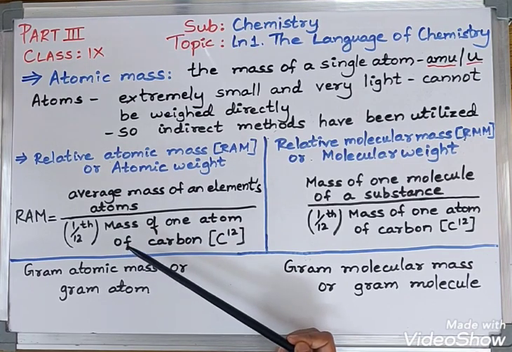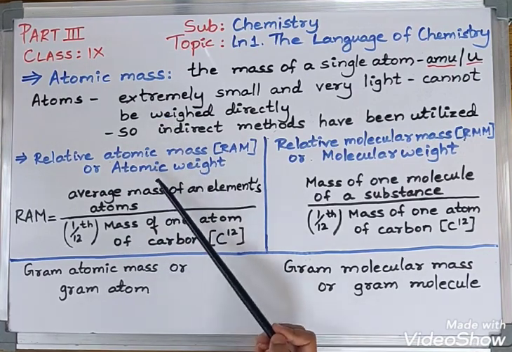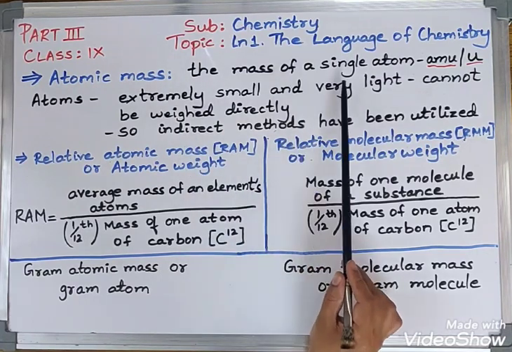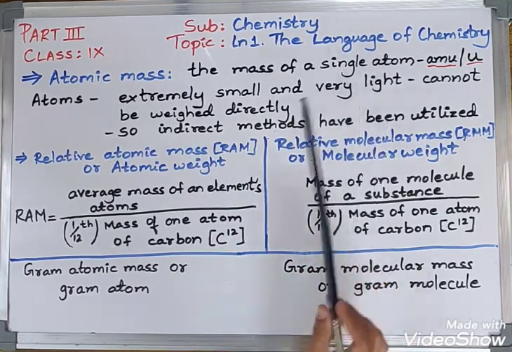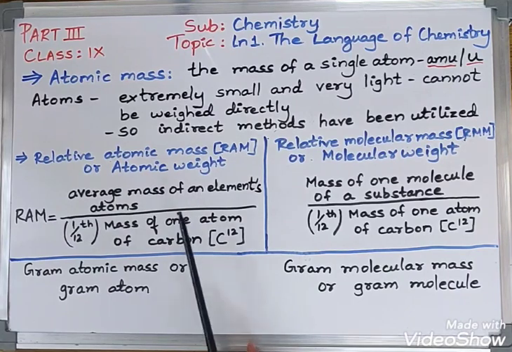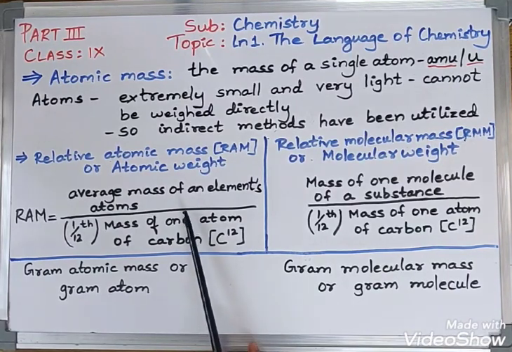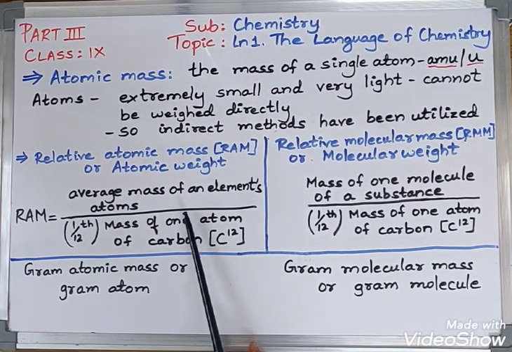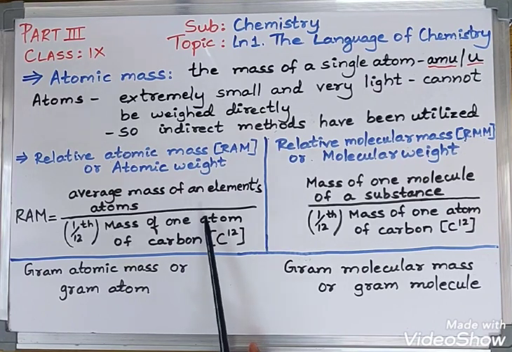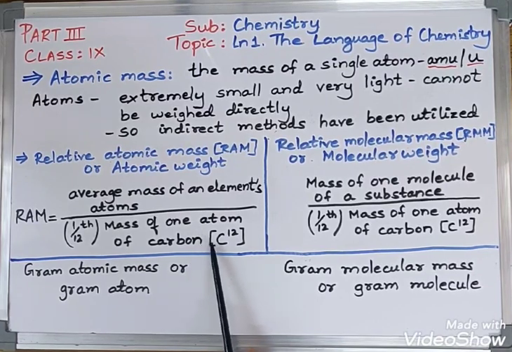So note the major difference, atomic mass and atomic weight. In atomic mass, we consider only one isotope. Here we take the average of all the isotopes. So when we take the average of all the isotopes, it is compared with a standard measure, and that is with 1/12 of carbon-12.